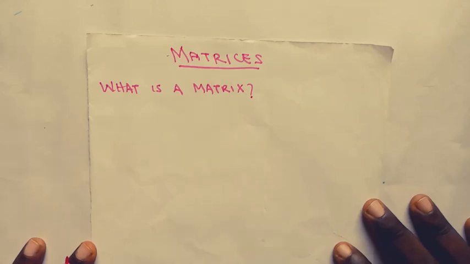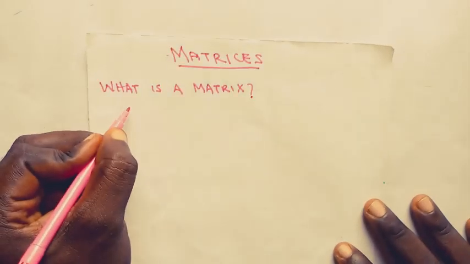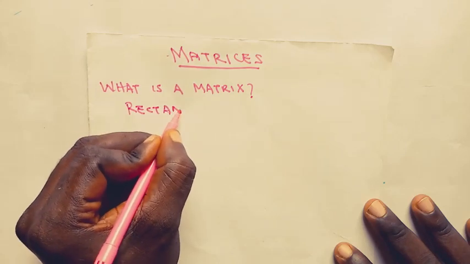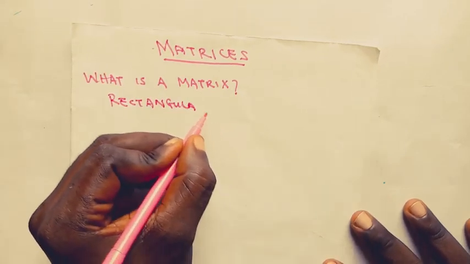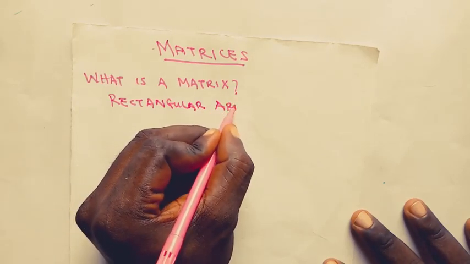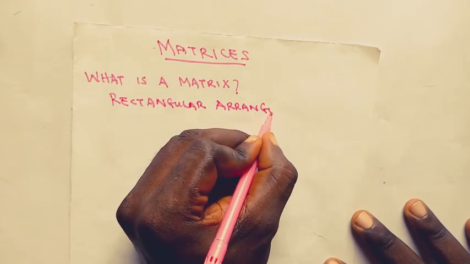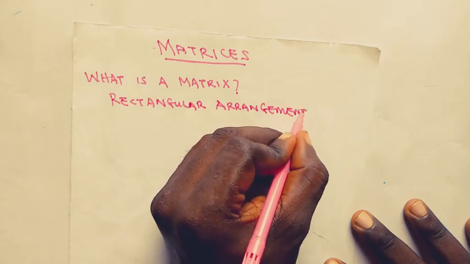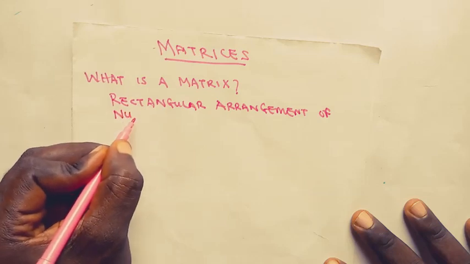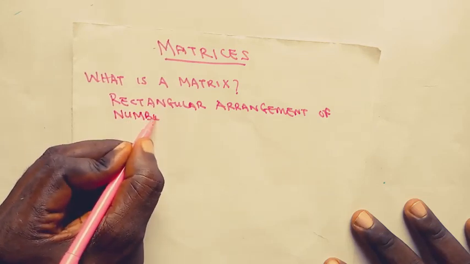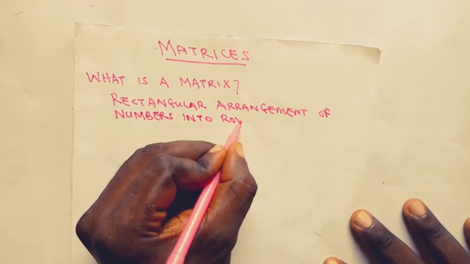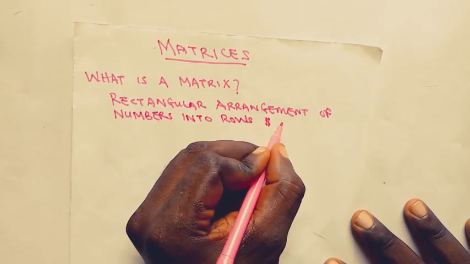What is a matrix? We call it a rectangular arrangement of numbers into rows and columns.